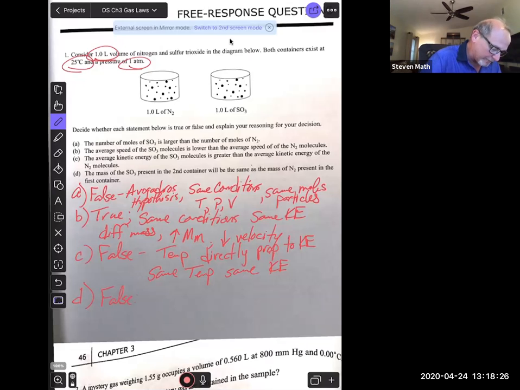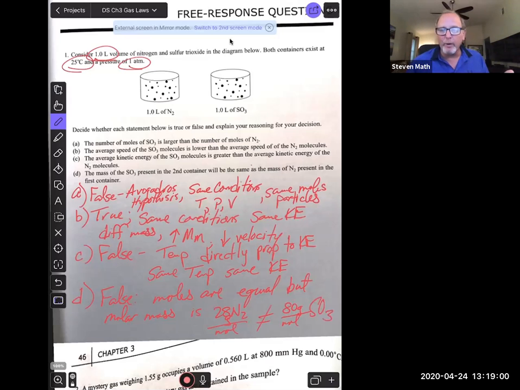We simply say the moles are equal, but molar mass is 28 grams per mole for N2, which is not equal to 80 grams per mole of SO3. Easy questions. Give them a good explanation that goes along with it, though.